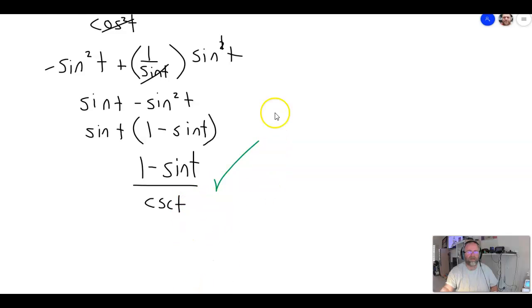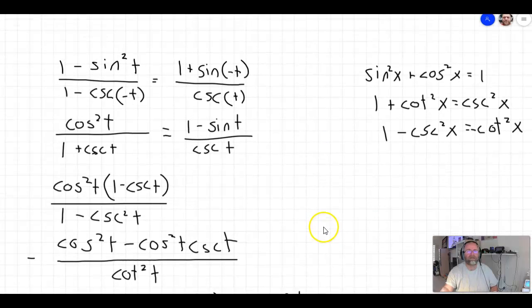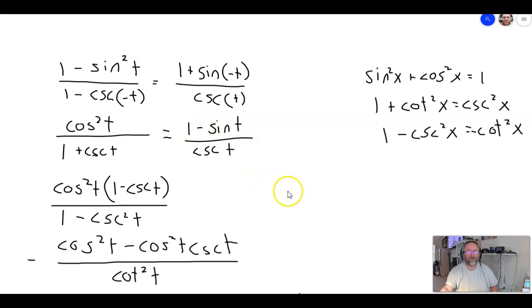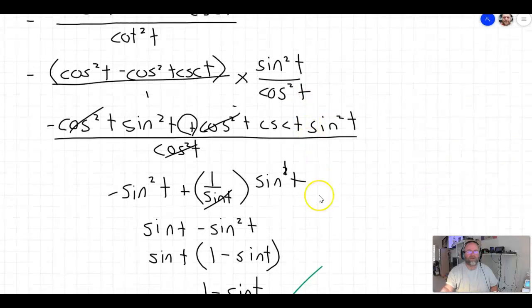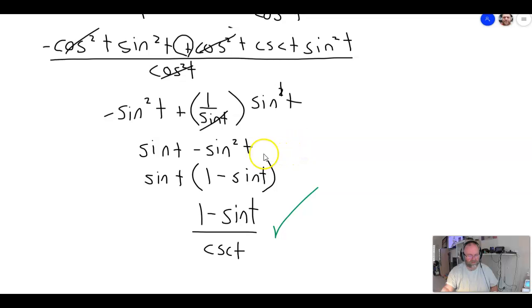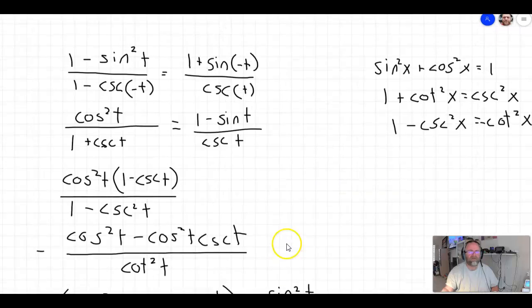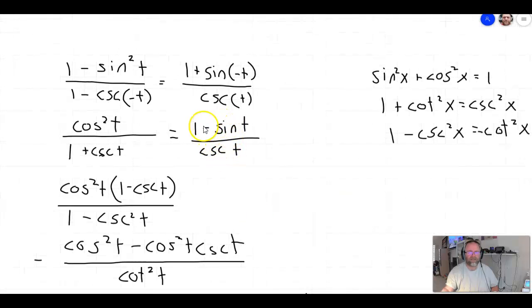If I look back up here, that's what I had on the right. So a lot of stuff going on to do it that way. Like I said, there are multiple ways to do it. But if you started off by doing the right side and then multiplied both sides by the conjugate of that, I believe that's what the book did, you'll get to this side much quicker.